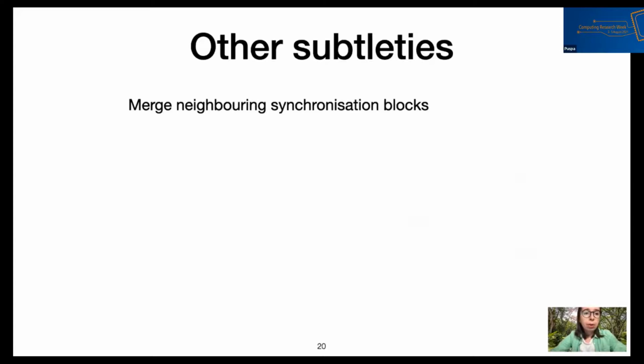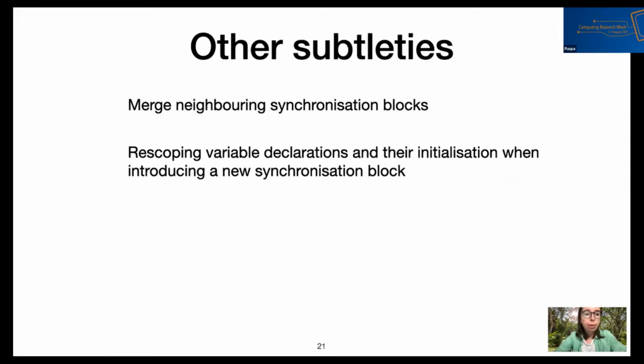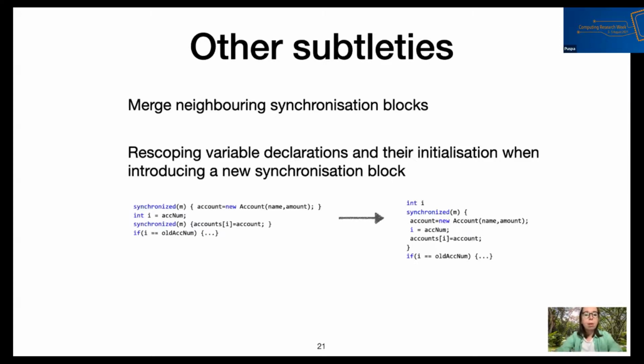Now, there are a few other subtleties I will only briefly mention, such as merging neighboring synchronization blocks in order to avoid performance overhead due to too many context switches. Also, there are situations where we need to carefully handle the scope of the variables caught in the middle of a synchronization while making sure that the semantics of the program doesn't change.